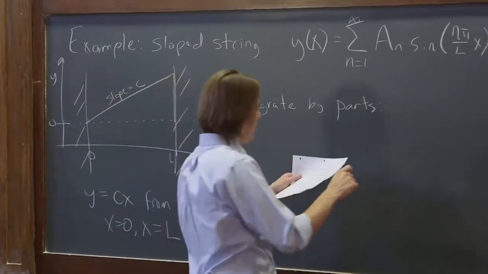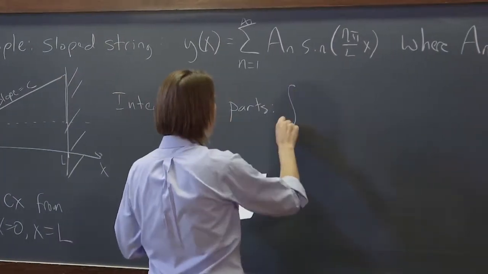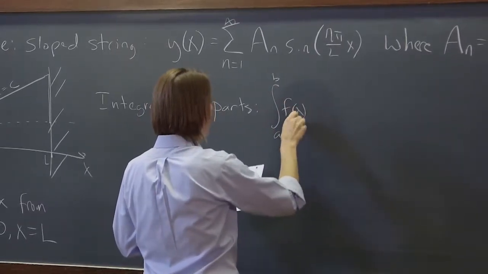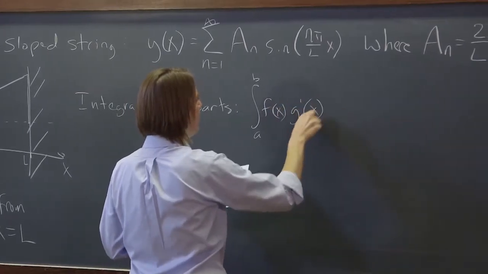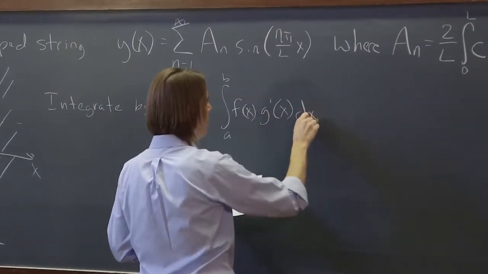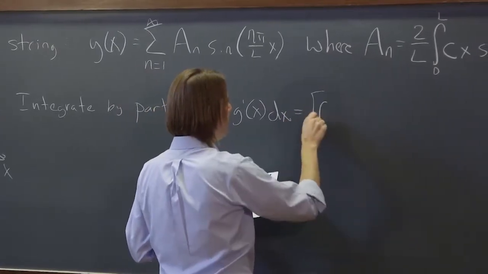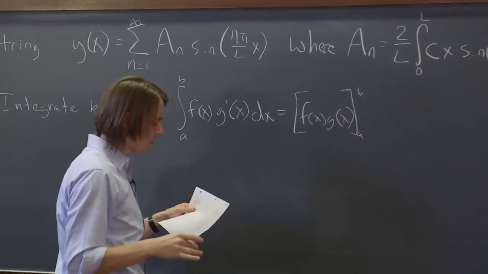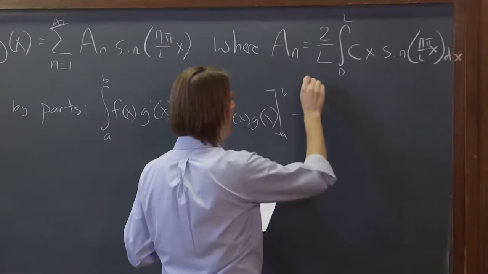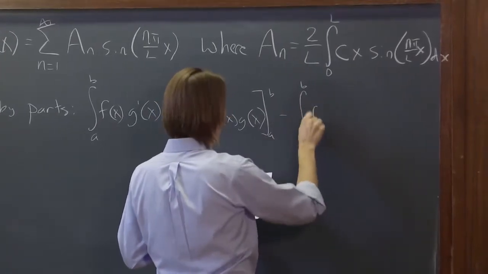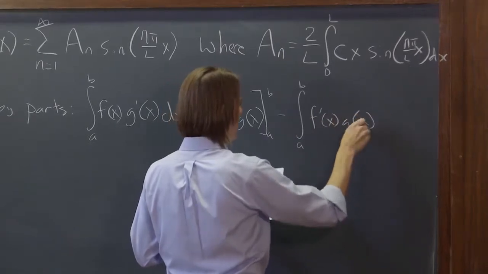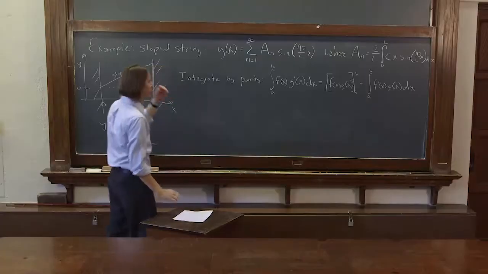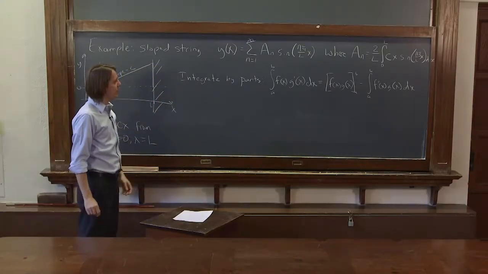So remember, and I'm going to read my notes here, that when you integrate by parts, if you have an integral from a to b of a function f of x times a derivative of a function, g prime of x dx, then that's equal to f of x times g of x evaluated from a to b, minus the integral from a to b of f prime of x, g of x dx. Right? Just some little trick from calculus you learned. I'm sure they proved it in your calculus course, and I'm sure we've all forgotten the proof.